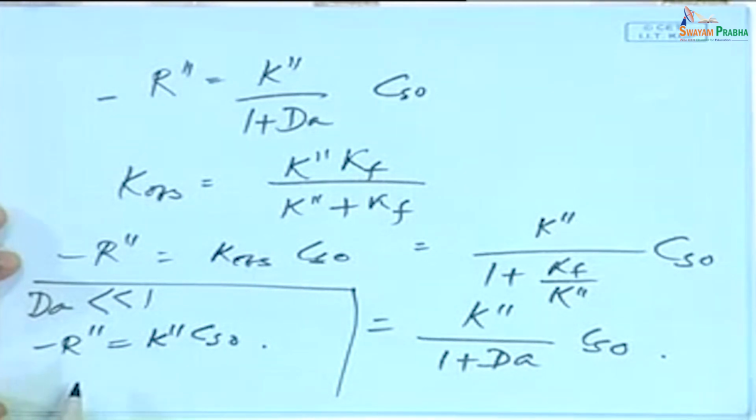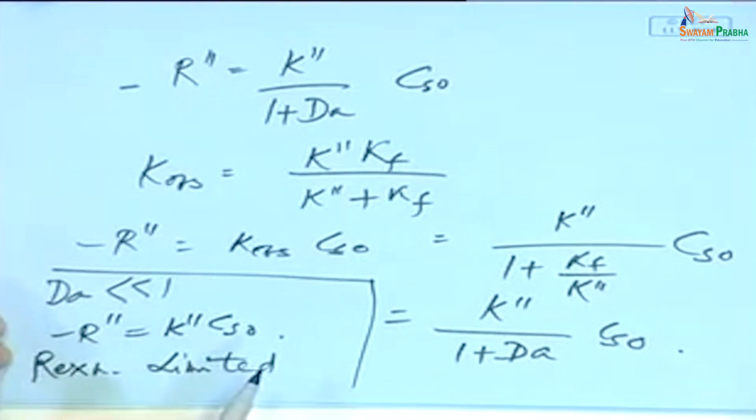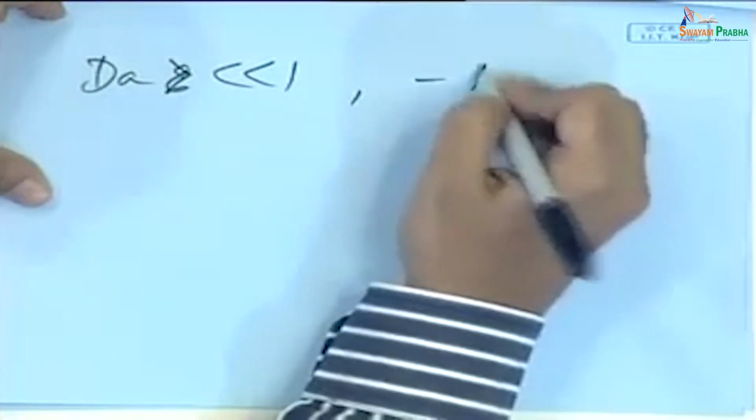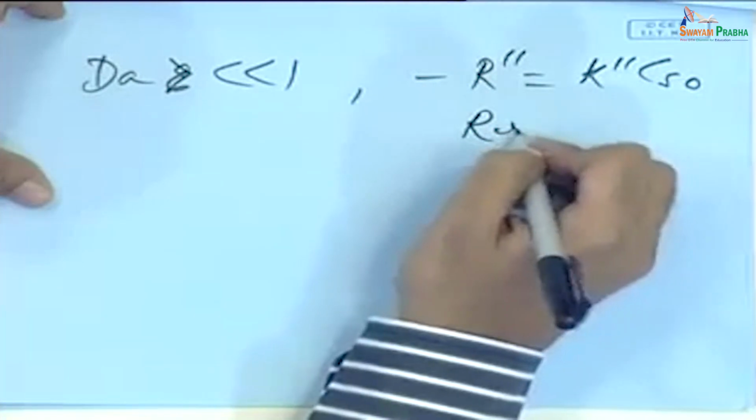So, what is this now? This is reaction limited, right. Why is it reaction limited? Because the reaction rate that you get over here is the same as the reaction rate in the absence of mass transfer, which means very little mass transfer resistance. Let us look at the other end. Just to summarize, for Da much less than 1, minus R prime equals K double prime Cs naught, so reaction limited.